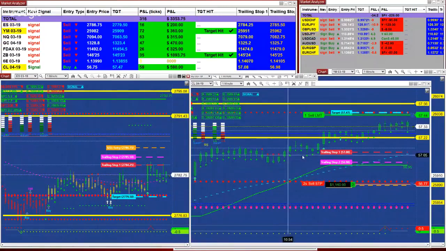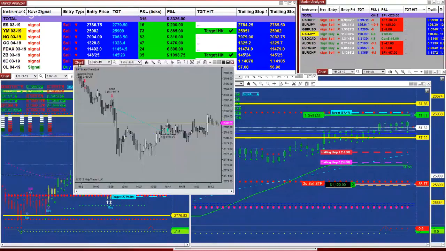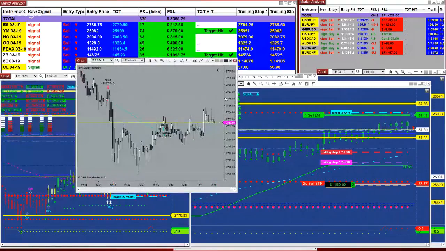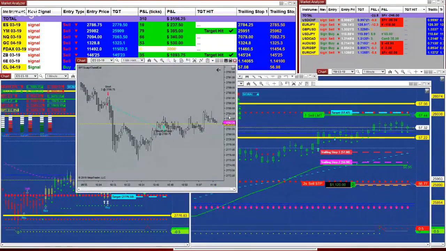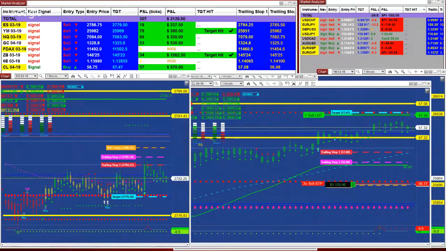But the swing trading right now, let me show you the ES on the 1 minute, didn't even bother to take a trade. And there is no direction to take any trade on that one. So that tells you even an auto trade is not interested in this market at the moment.